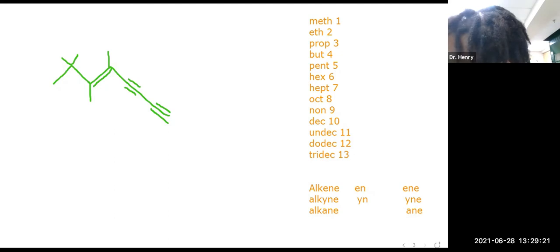You count the longest chain. Am I going to start on this side or this side? Start on the right side. Okay, so that's 1, 2, 3, 4, 5, 6, 7, 8.